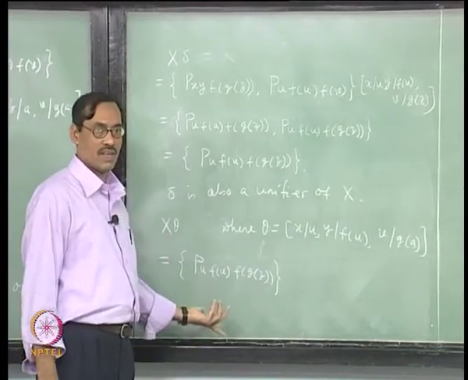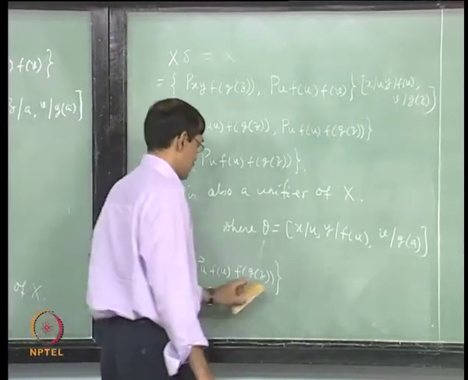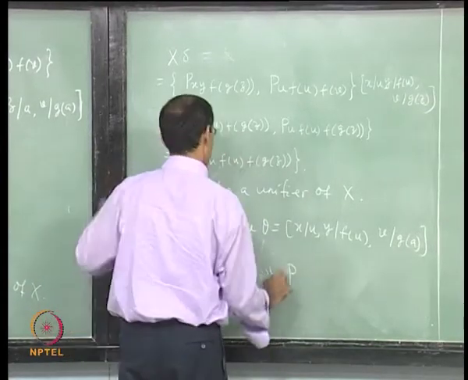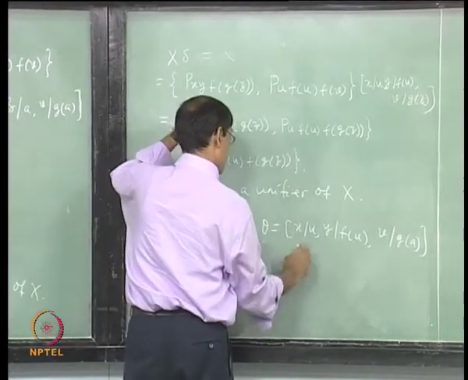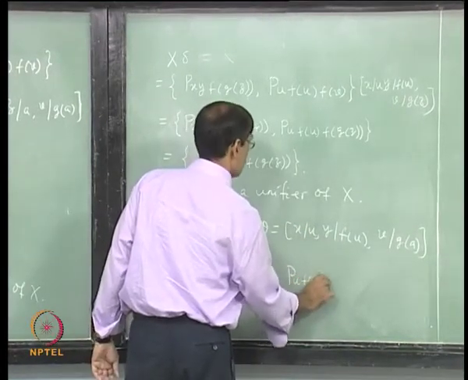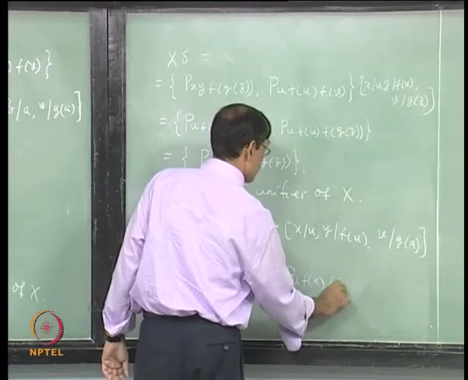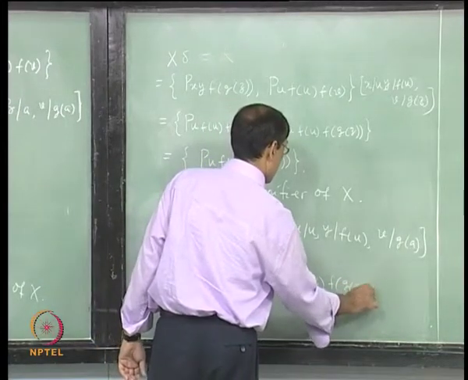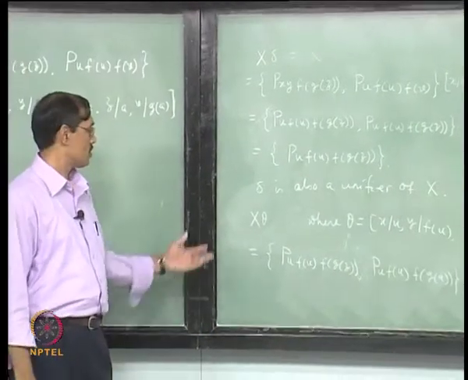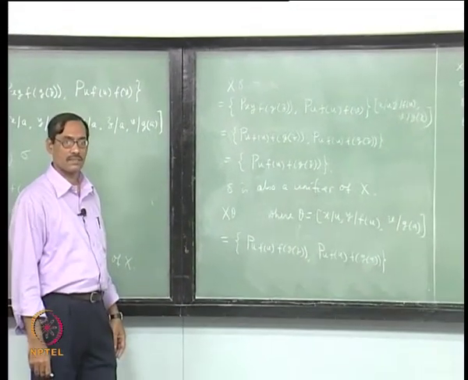The second one is P, u remains, f of u remains, f of v becomes f of g of a, right, they are not the same. So theta is not a unifier.